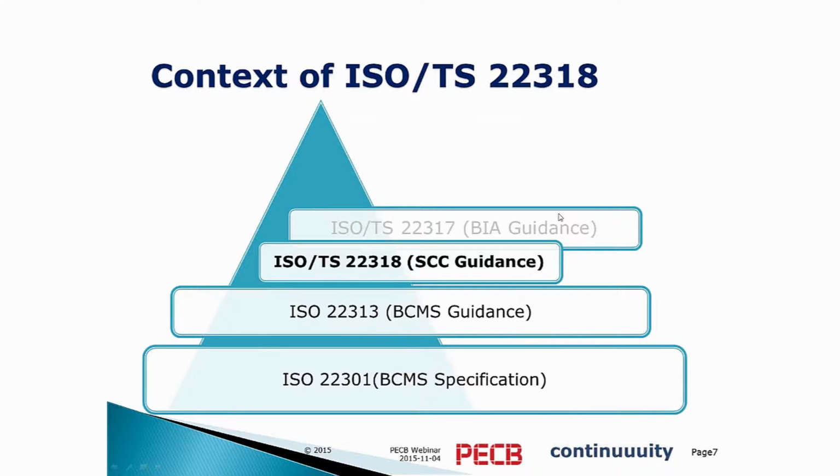We have then, as a TC, developed another standard, 22317, focusing on business impact analysis. We had a webinar here a couple of weeks ago. If you're interested, you can call up the recording if you like. And one of these family members of guidance documents is the standard we are talking about today, 22318, for supply chain continuity. And I guess there will be other standards in this range of auxiliary documents to shed more light on different corners of the BCM lifecycle.